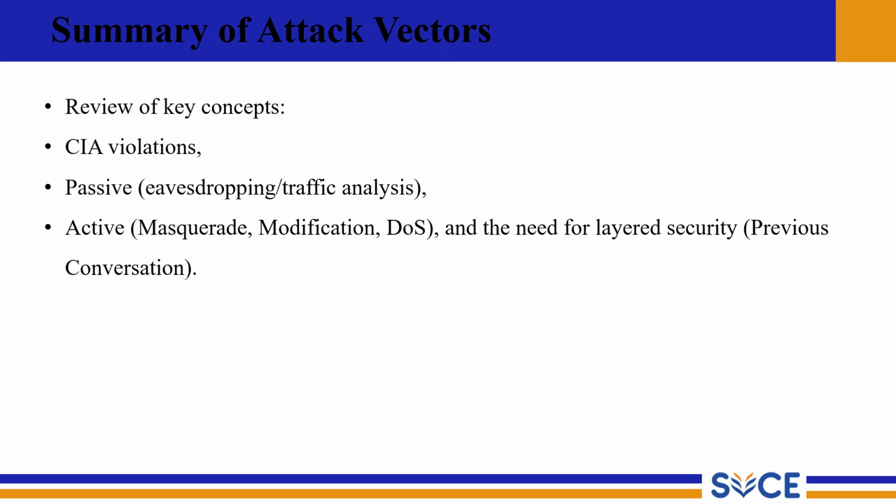By understanding the full threat model, the classification, goals, and strategies of the attacks, we can implement robust security services and mechanisms. This is the crucial step in maintaining confidentiality, integrity, and availability.